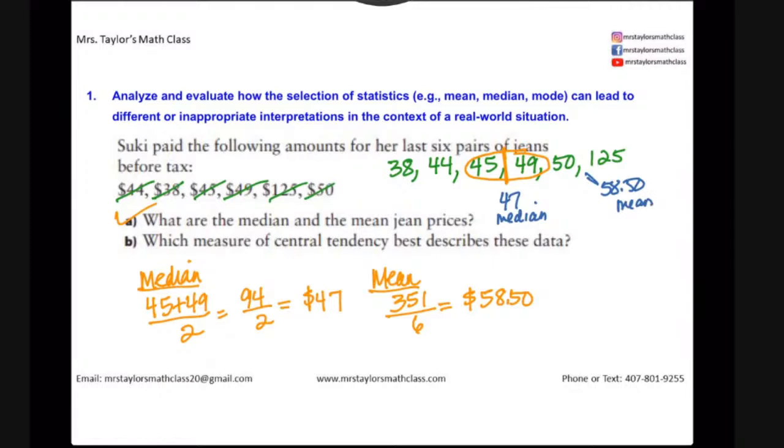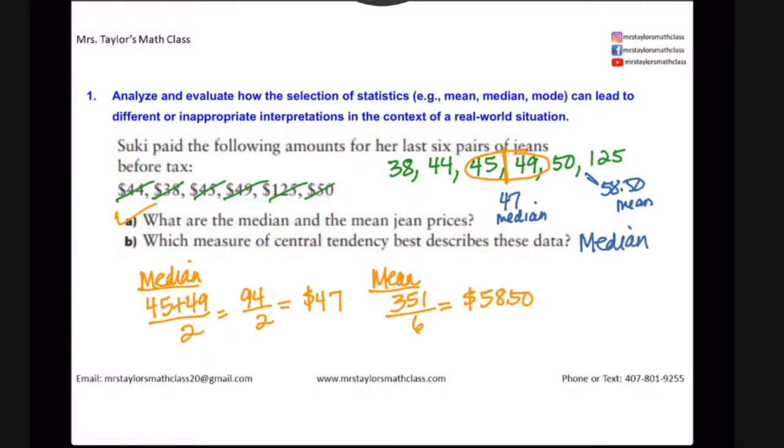I know what I would select, but if you're trying to have one of the numbers that's going to be a good representation of most of the numbers that are in your data, then you would want the one that's close to most of the data. So in my opinion, based on what I see, I would select the median.